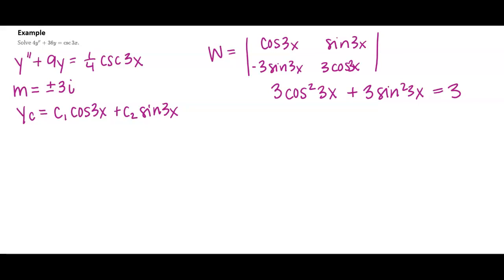The reason is I factor out a 3, and then I would have cosine squared theta plus sine squared theta, which is 1. And so I get 3 times 1, which gives me 3.